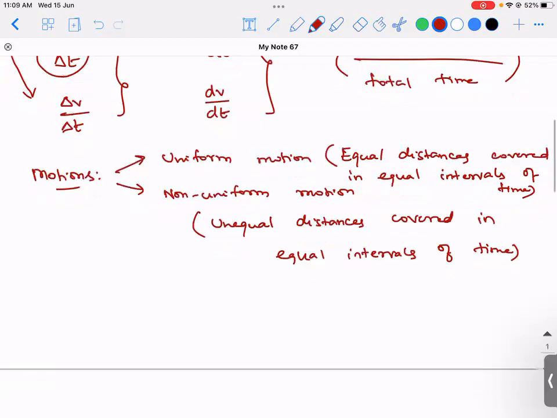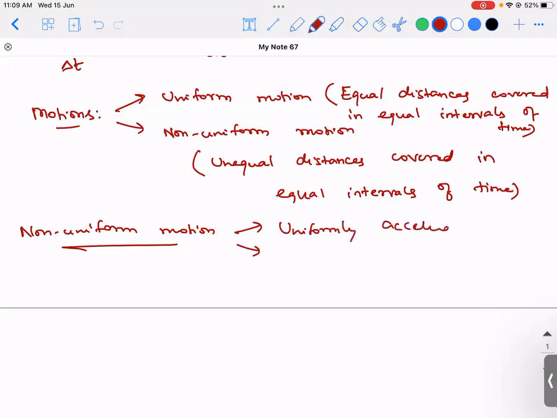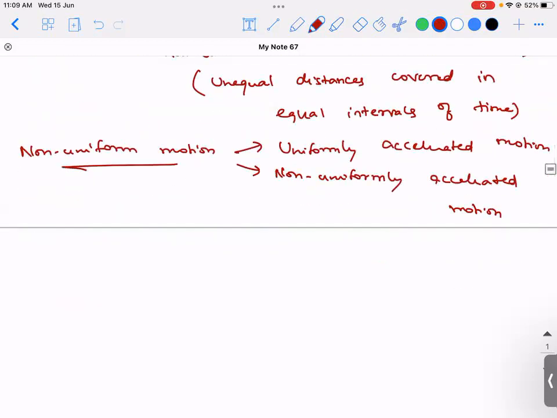Under non-uniform motion you have uniformly accelerated motion and non-uniformly accelerated motion. I hope it is not confusing, right? All these things you already know. I'm just revising it.